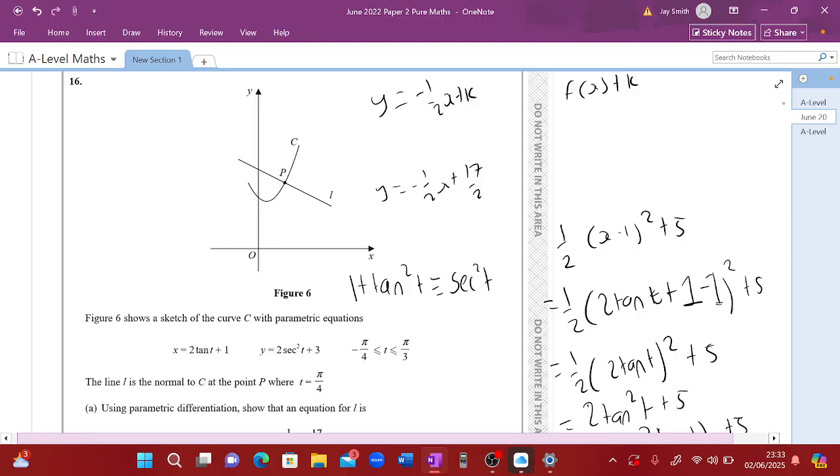F of x is minus a half x. If you're adding k, you're basically shifting the line up or down by k units. So this line is essentially just getting shifted up or down, right? But the gradient remains the same. That's all we're allowed to do essentially, is move the line up and down.